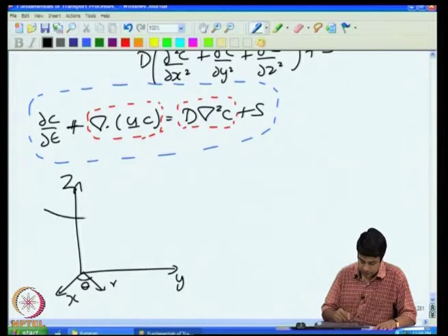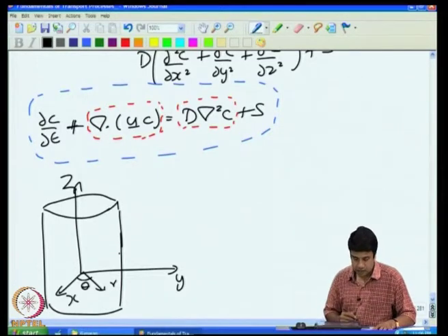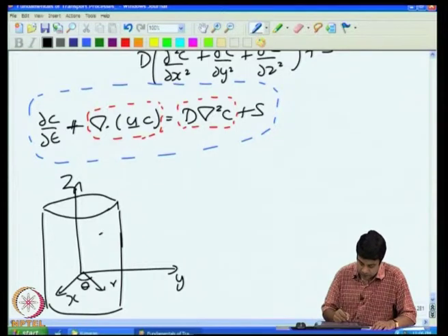Okay. So, if I have a system configuration with cylindrical geometry, I can use an r theta z coordinate system, and I write a balance over a differential volume in the r, theta and z directions.